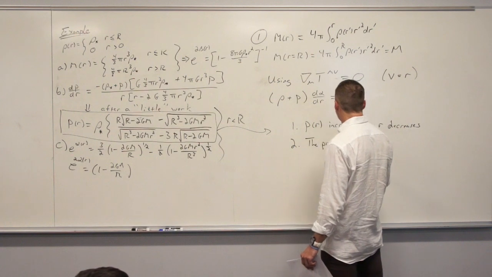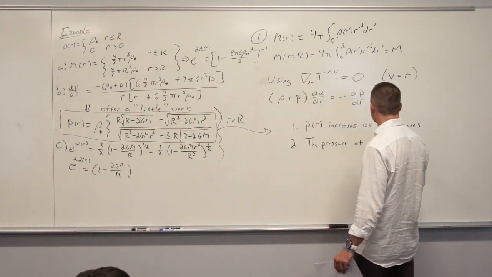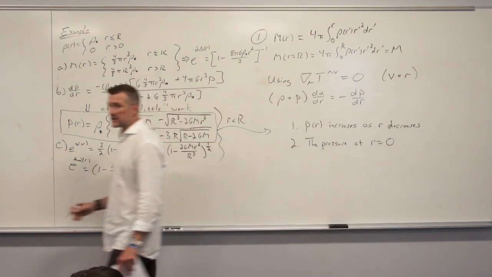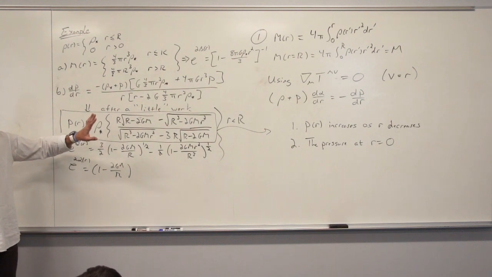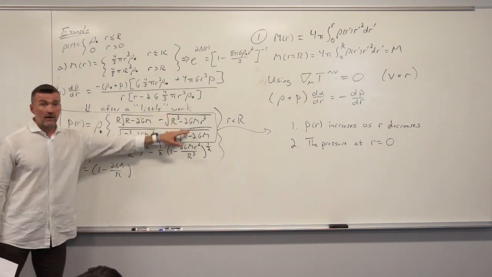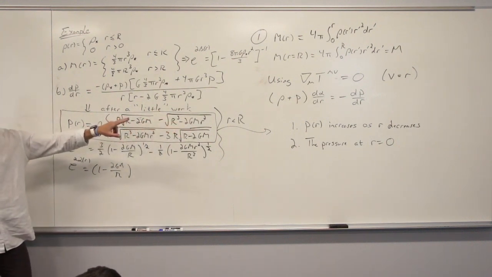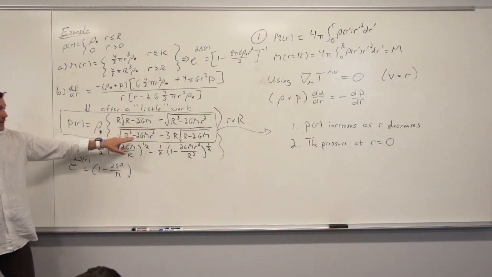The pressure at r equals 0, that's the pressure dead in the center. So take this and set little r equal to 0. Notice this is a fraction.